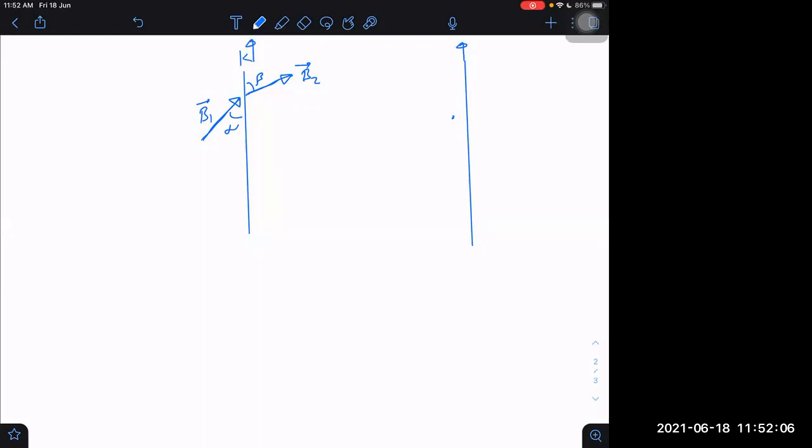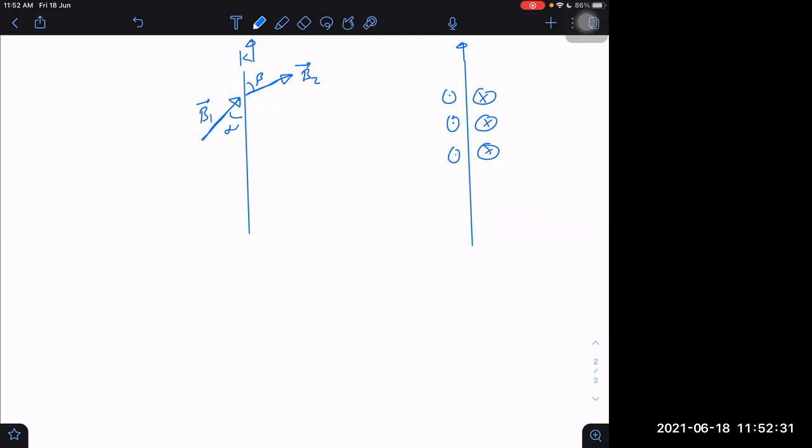Yes, so left side outward and right side is inwards. Left side field will be outwards, right side field will be inwards. Like this it will be. That is due to the plane sheet, na sir? Due to the plane sheet. Yes, right. Okay, sir. Due to the plane sheet only.